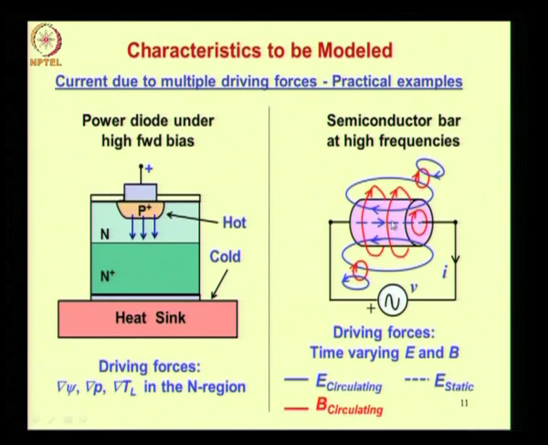So this is what this arrow shows. Now when the frequency is low, around the semiconductor bar which is carrying current, you will have a circulating magnetic field. So that is shown by this red arrow here. So when the frequency is low, the picture is something like this.